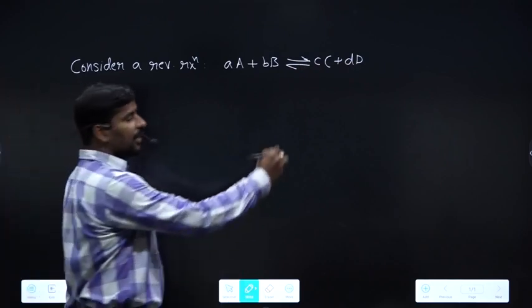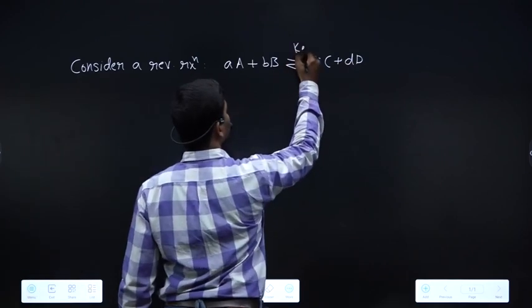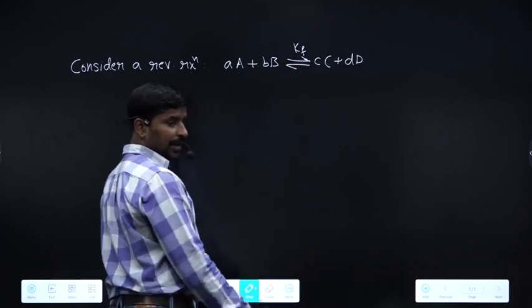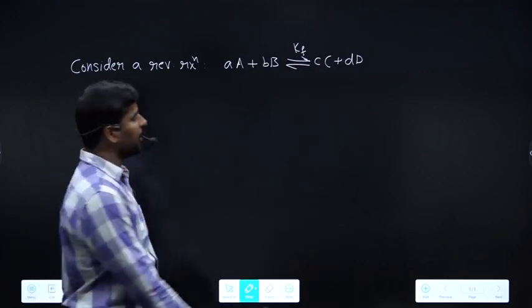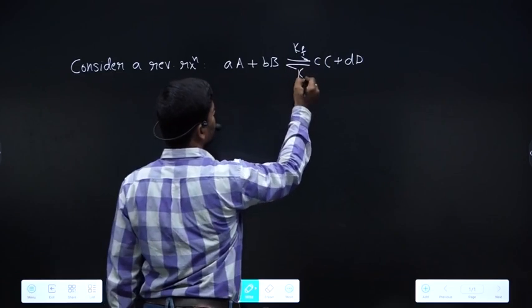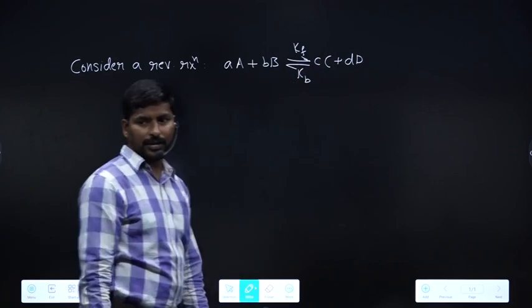Let us consider the rate constant for forward reaction Kf, where f indicates forward reaction, and the rate constant for backward reaction, Kb.